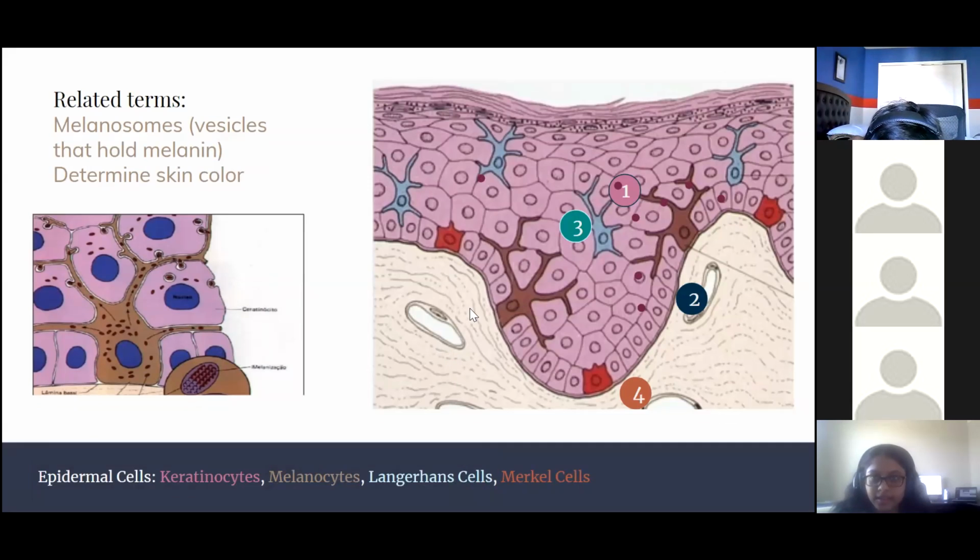This is not better. It's a little better? Okay. Yeah, sorry about that. My Wi-Fi is just really bad. Yeah, so here's the melanocyte producing melanosomes in this drawing.